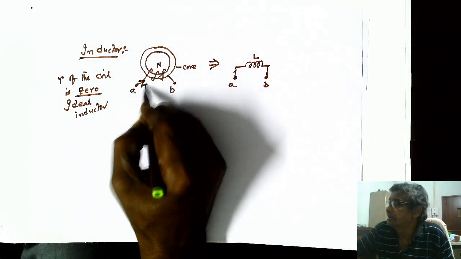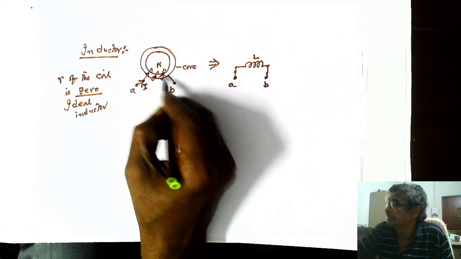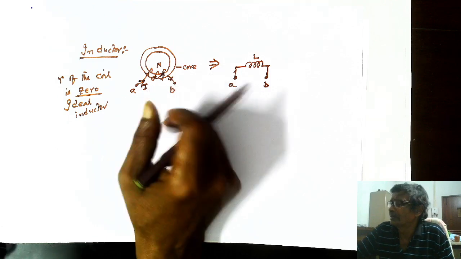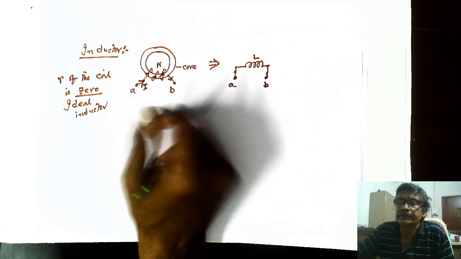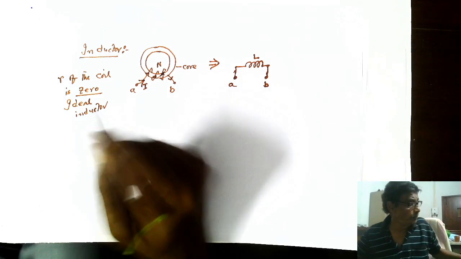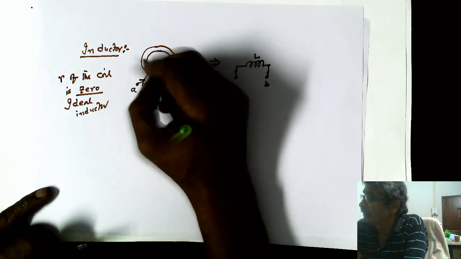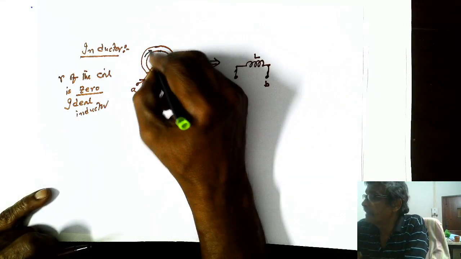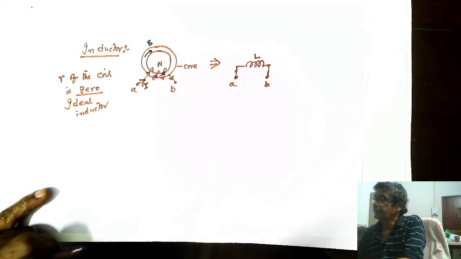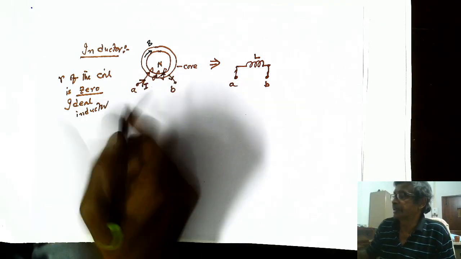through these turns, current will flow like this. Across AB, you connect some controlling resistance, some battery, so current will be I, and it will produce a flux in the core. B it will produce. Direction will be clockwise because of this direction of the current.